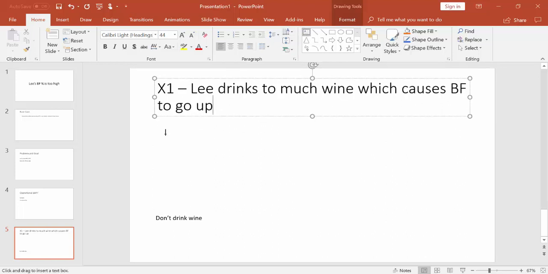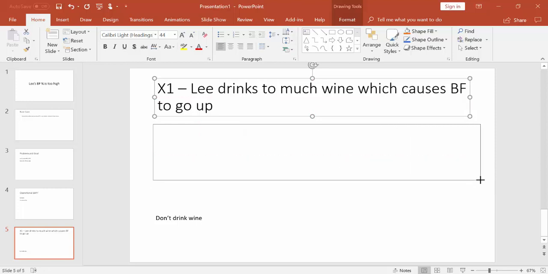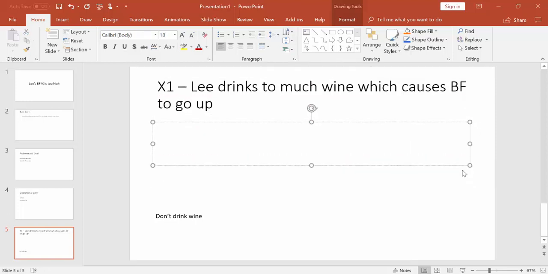But more importantly, how did you find this X? Just because you say it doesn't mean I believe you, and that's where you could refer people: here is how I found it. So you could refer to some of the slides that you've done and some of the work that you've done during the project.